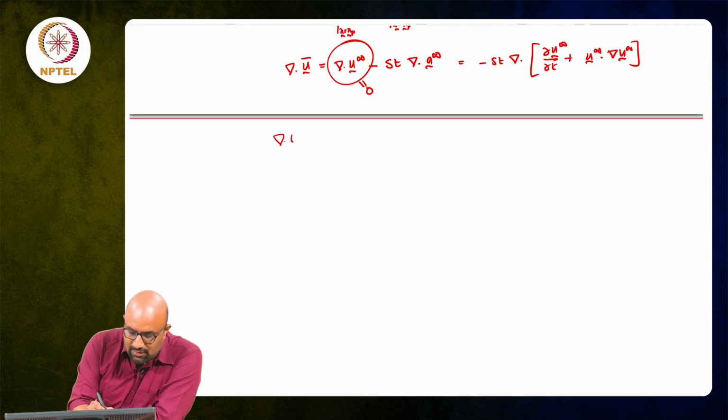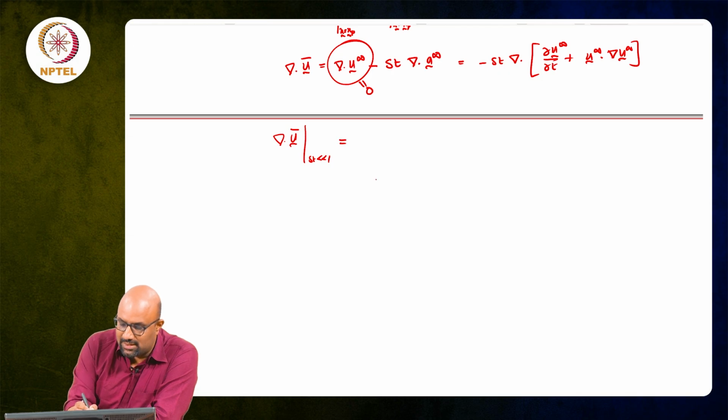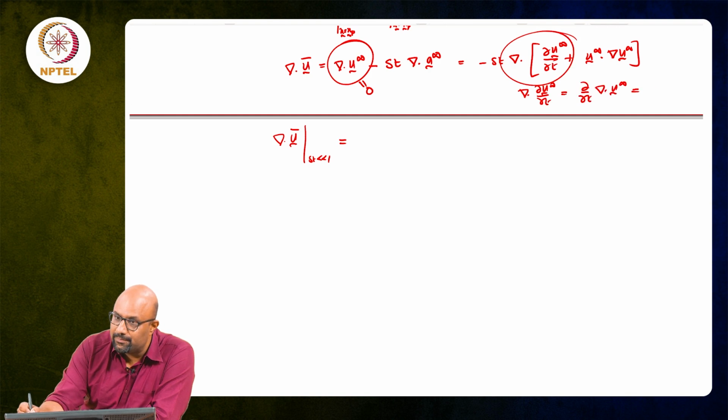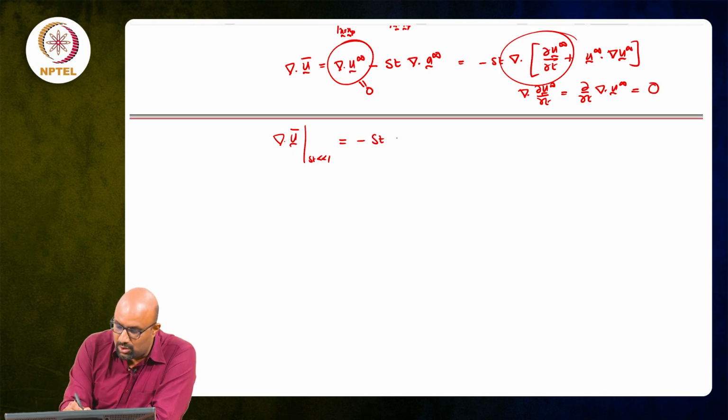So, divergence of the particle velocity field, divergence of dou u infinity dou t can be written as dou t of divergence of u infinity, which is equal to 0. So, this becomes minus Stokes, and now I will switch to tensor notation, dou xi of uj infinity dou ui infinity dou xj.